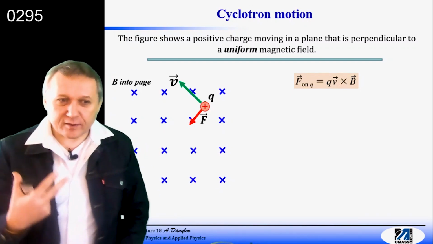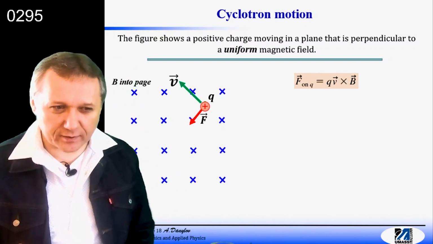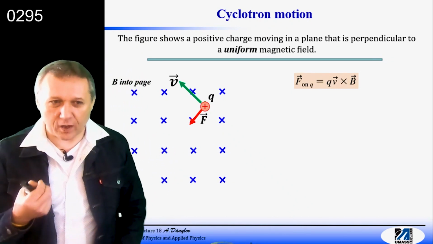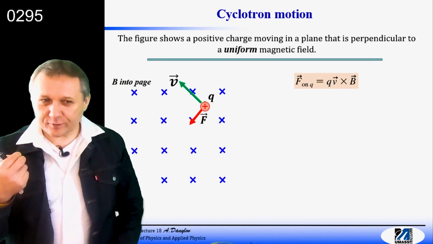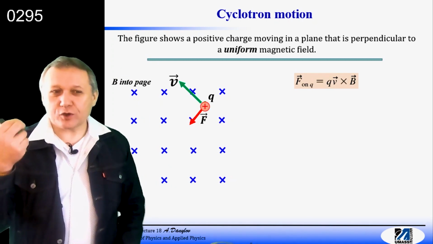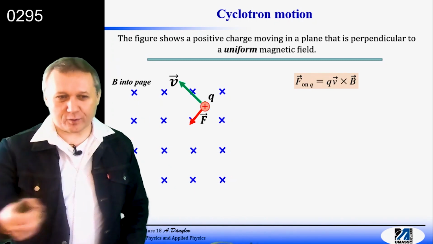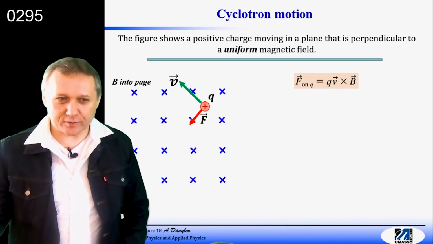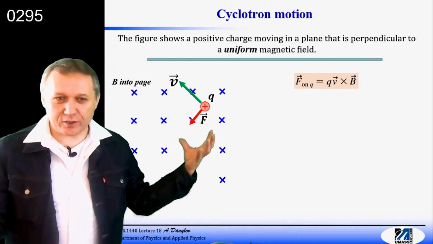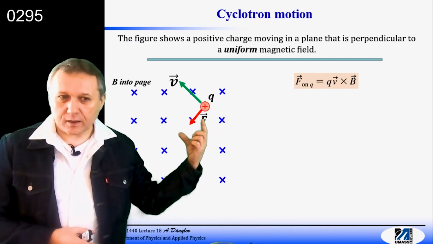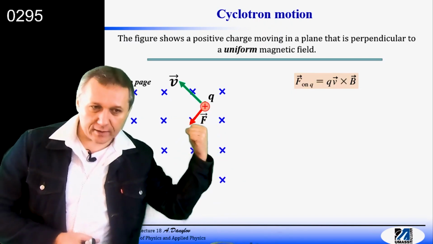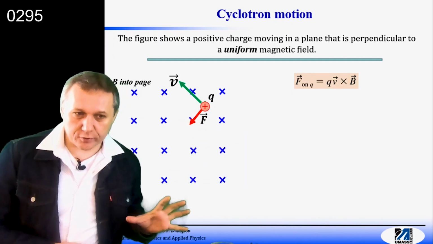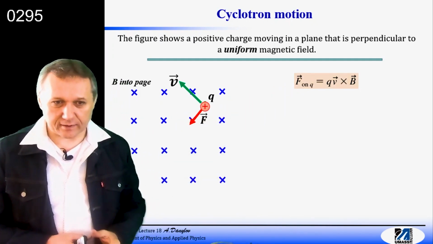Does this remind you of anything from Physics 1? You've seen similar motions in Physics 1. If you recall, the motion of a satellite around the Earth in the presence of the gravitational force. It's exactly this situation, but instead of magnetic force, you had the force of gravity that Earth exerted on the satellite.